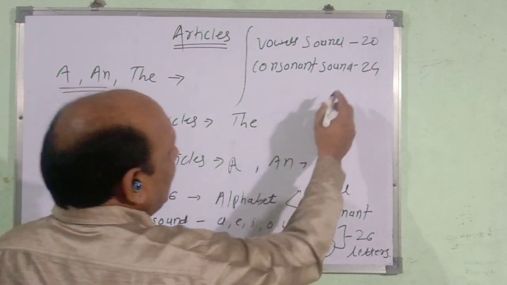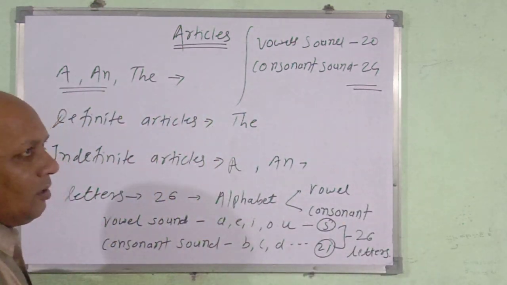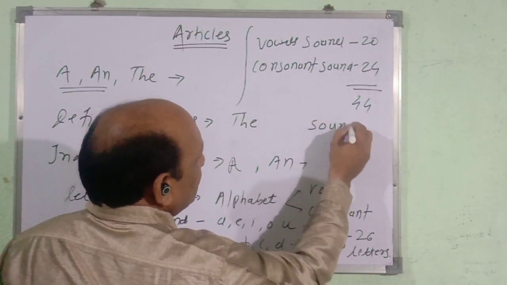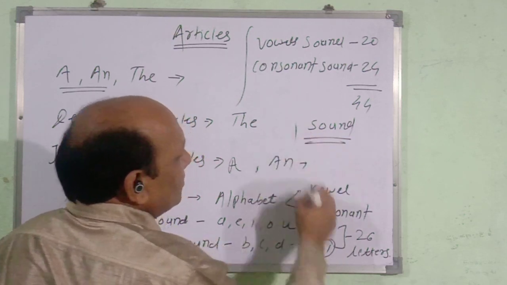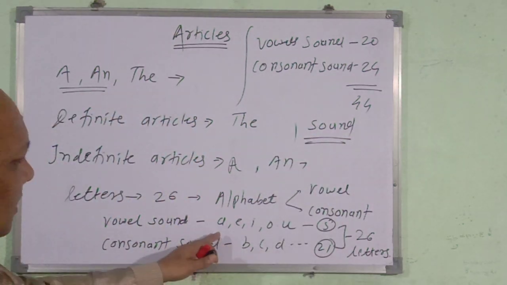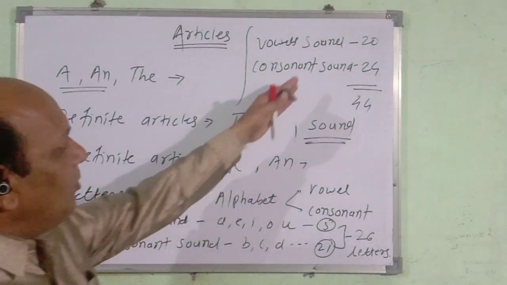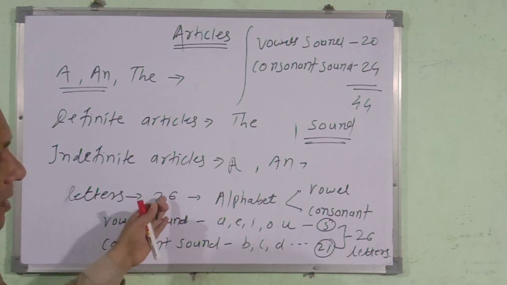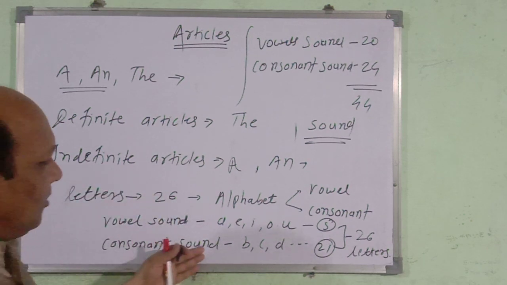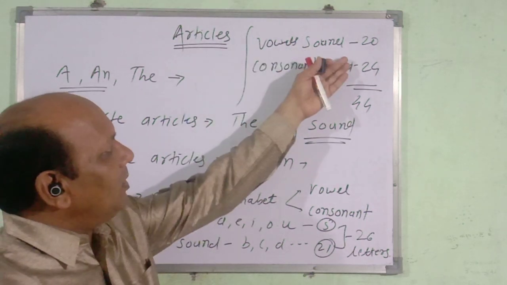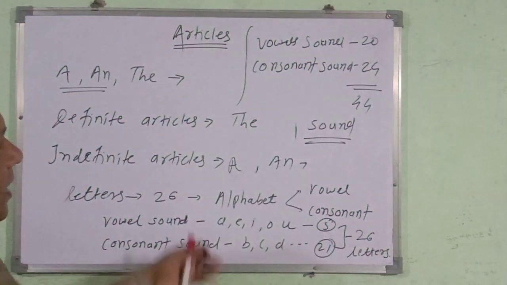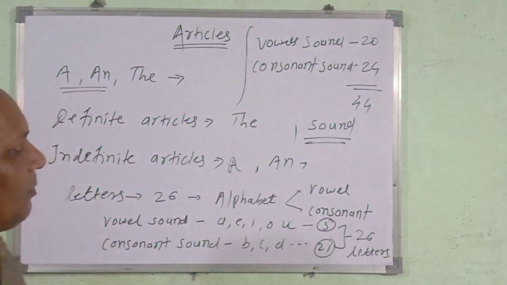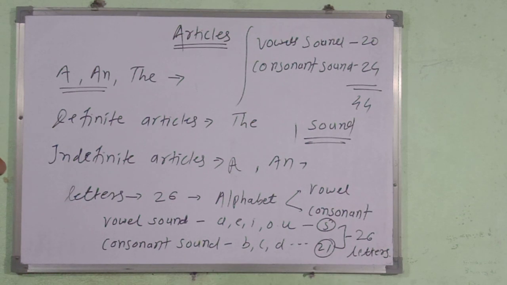So overall, when you add the vowel sounds and the consonant sounds, that is 44 sounds. So actually there are 5 vowel letters in the alphabet and 21 consonants. But when you are talking about 20 vowel sounds and 24 consonant sounds, that one also is a sound.